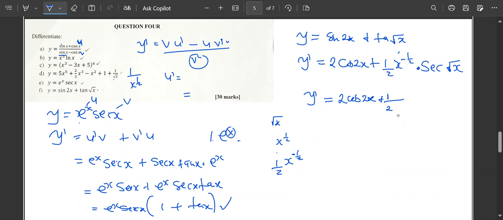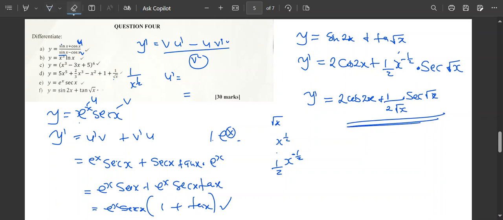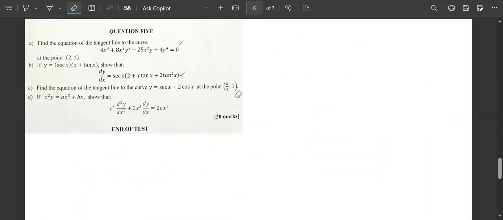Since now it's negative, I'll just put root inside there, x like that. Then on top there, that will be sec root x. So this is how you are supposed to differentiate this. Know that when you are differentiating a trig function, always start with the angle.